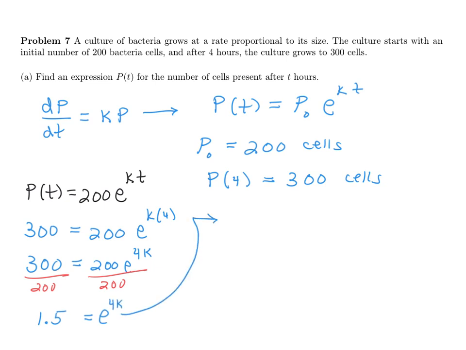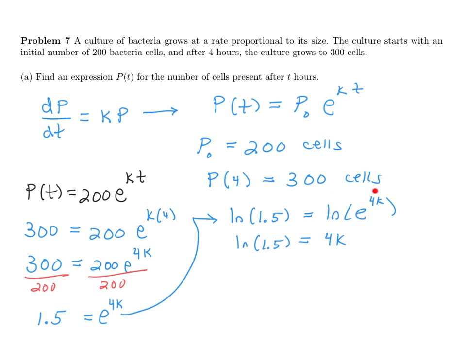If we're looking to solve for k, I can take the natural log of both sides. The natural log of 1.5 is equal to the natural log of e to the 4k. The natural log of 1.5 is simply a number, and the natural log of e to the 4k, that's great. That's actually just equal to 4k itself. e and the natural log are inverses.